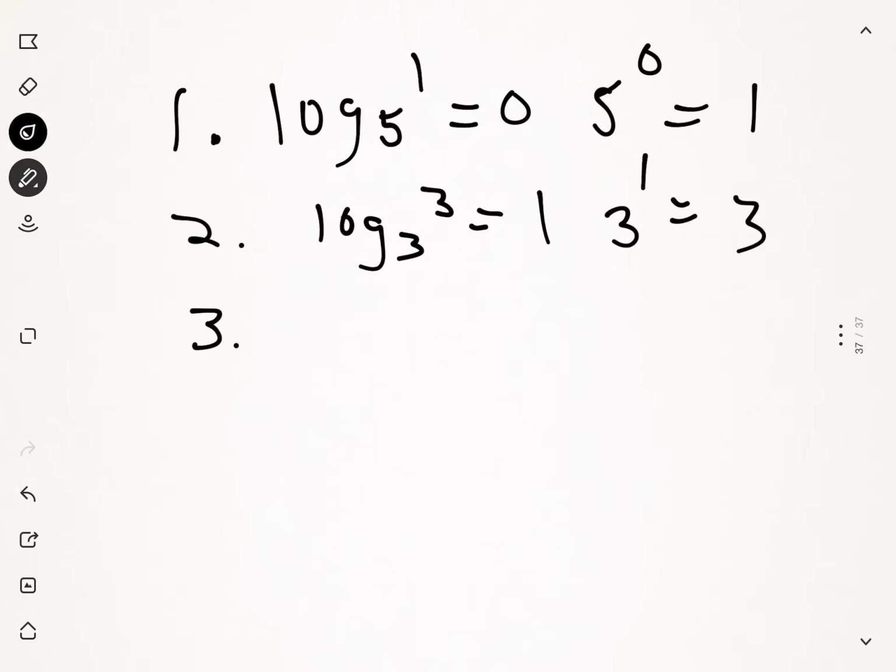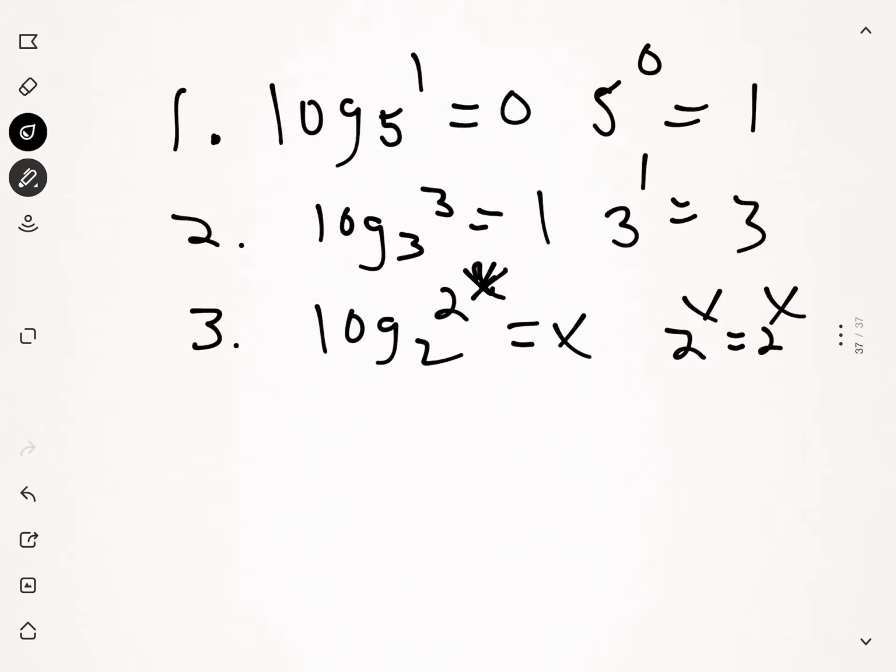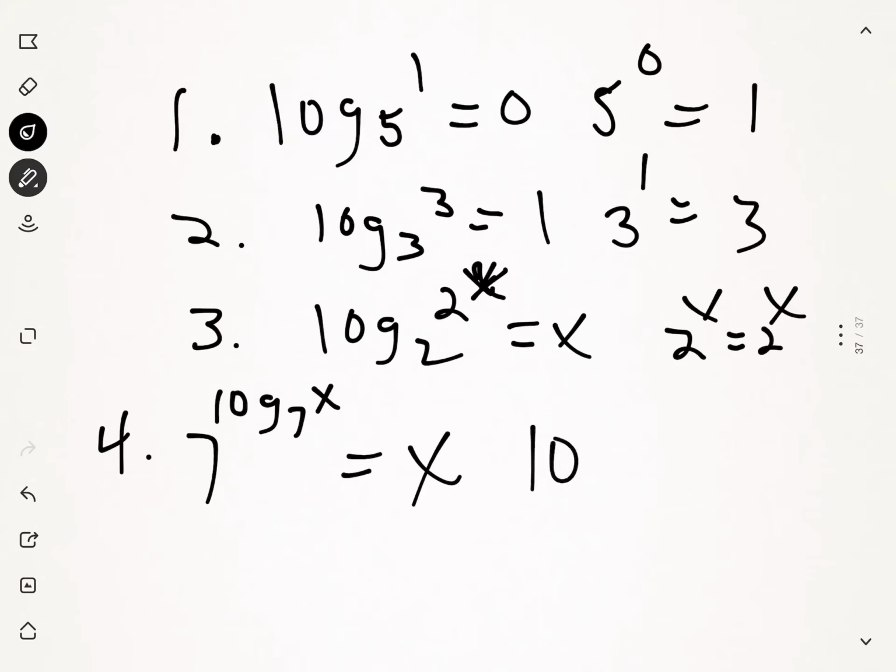The third one, log base 2 of 2 to the x equals x, since 2 to the x equals 2 to the x. And the fourth one, 7 to the log base 7 of x is equal to x, because log base 7 of x equals log base 7 of x.